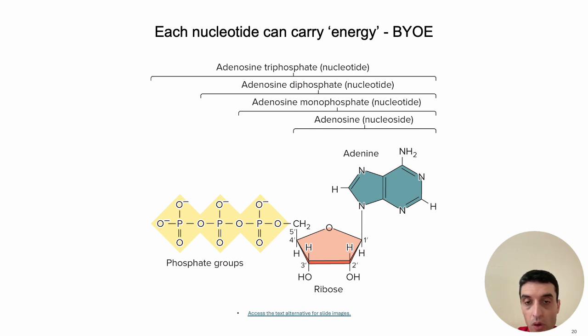So adenosine triphosphate is nothing more than a nucleotide, adenine, ribose or deoxyribose, and 3 phosphates. Okay, you also have adenosine diphosphate with just 2 phosphates, or adenosine monophosphate with just 1 phosphate.